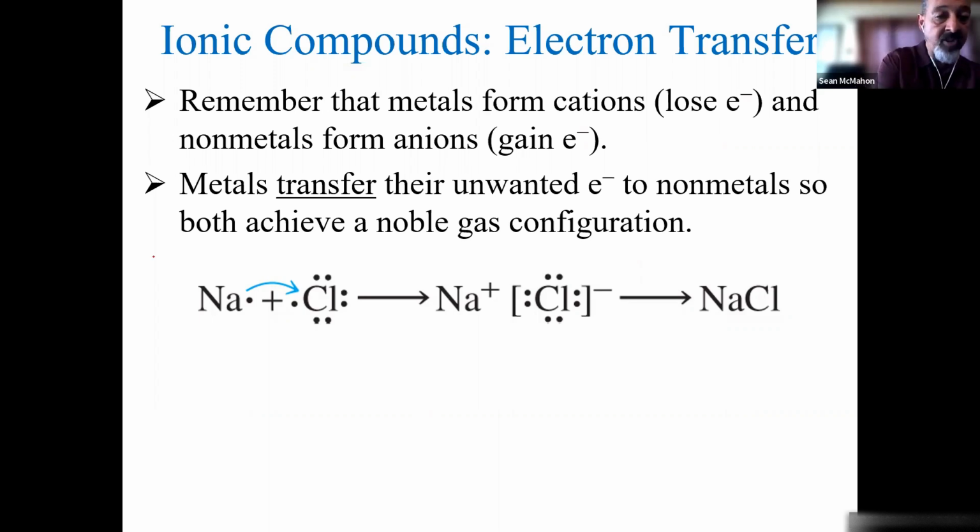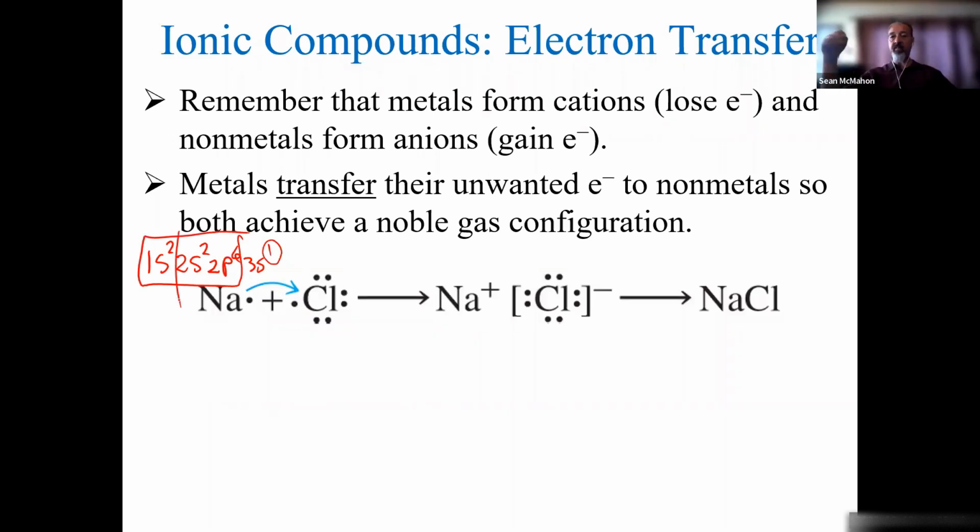Because sodium actually is 1s2, 2s2, 2p6, 3s1. We learned that in chapter 4. Why is it 3s1? Third period, s block, first position. So if I lose this 1, I have my second energy level, the s and p sublevels, filled exactly like neon. I'm happy. So that's exactly what it does.